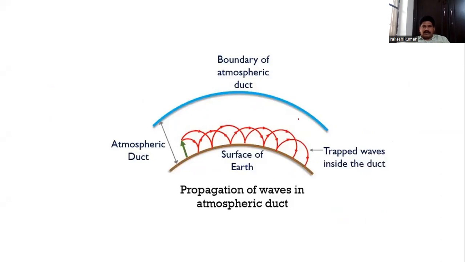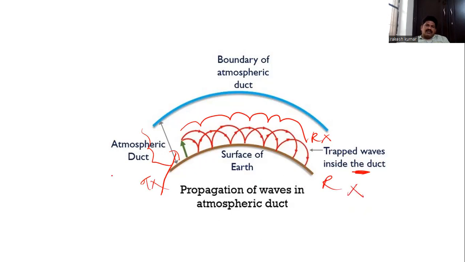This is our duct. Once the signal enters this duct, it may go through many reflections and finally reach the receiver. So the wave is trapped inside the duct. This is how the signal may reach from the transmitting antenna to the receiving antenna using the duct.